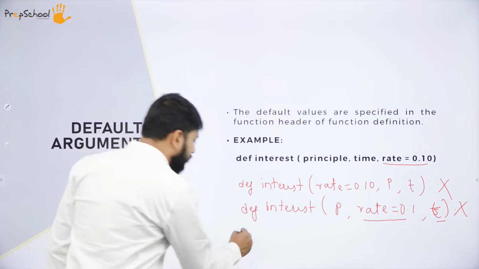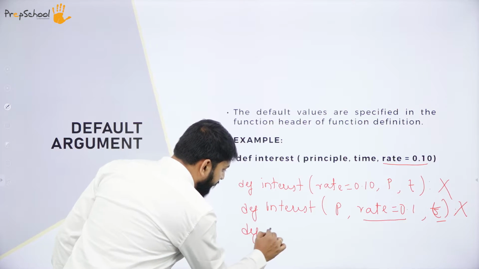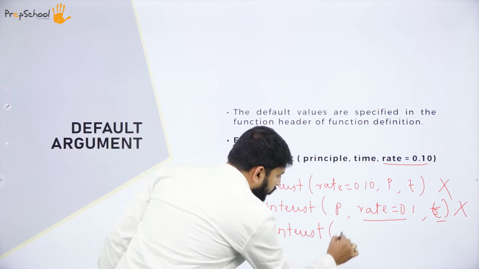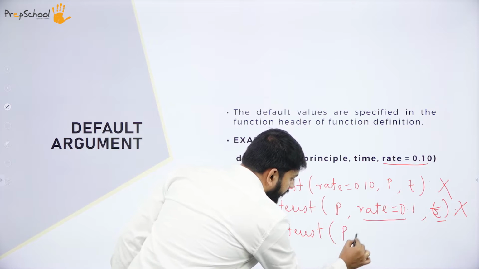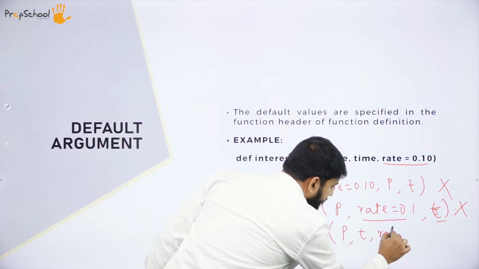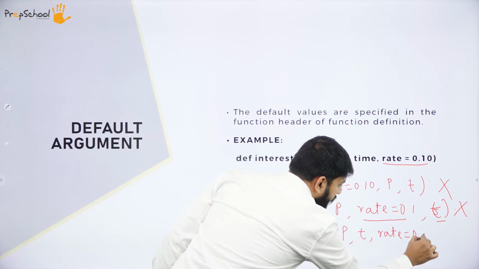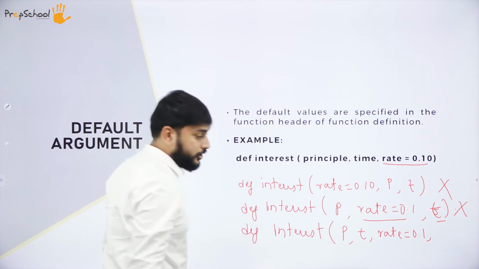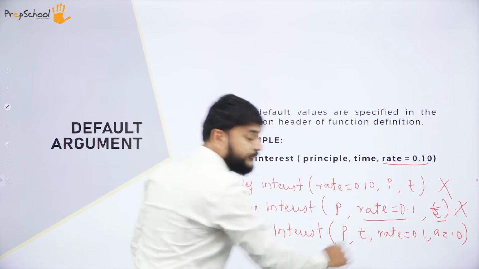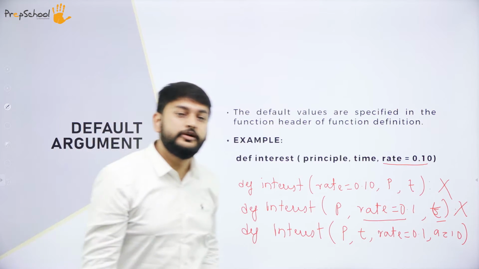Let's take one more scenario. So I have def interest, with P and T, and rate is equal to 0.1. Let's imagine I have one more default argument, A is equal to 10. Can I have something like this? Yes, you can have this.